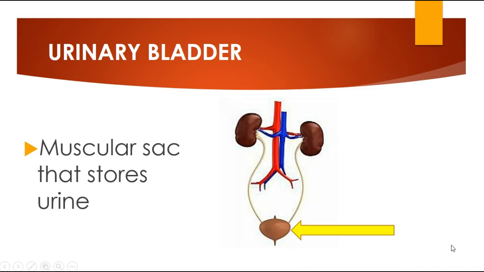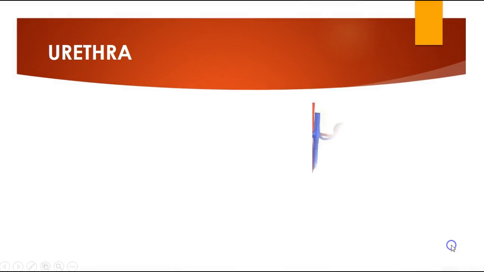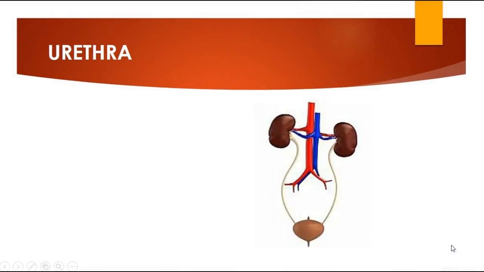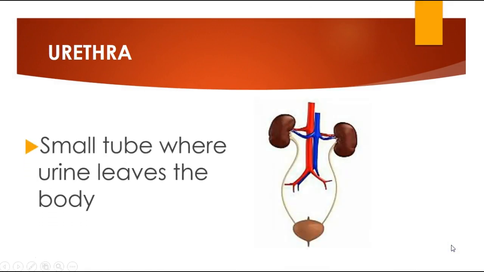It stores urine until it gets stretched out so far that it cannot hold any more urine, and then the muscles in the wall of the urinary bladder contract and squeeze that urine out of the body. And that urine leaves the urinary bladder through a very small tube called the urethra.